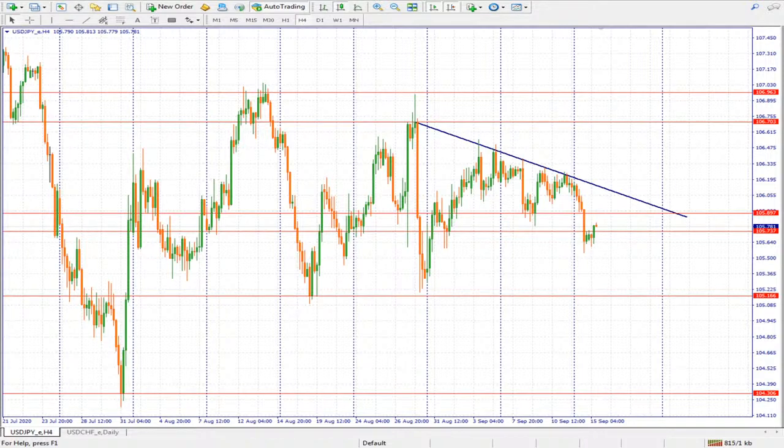So if you're on this chart now, you are supposed to be looking for sell positions. Expect price to continue down as long as it is held below this level. So as long as the price is held below 105.897, expect a continuation to the lower side up to 105.166.